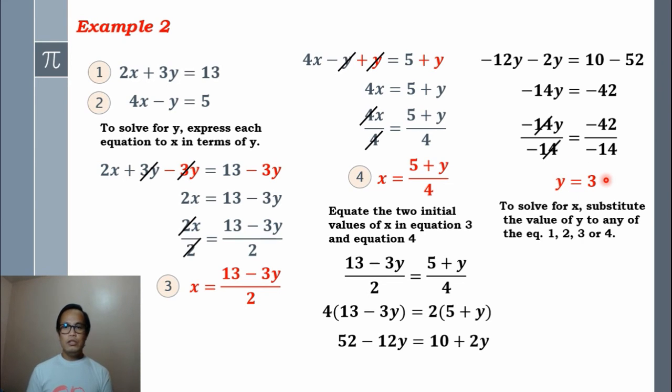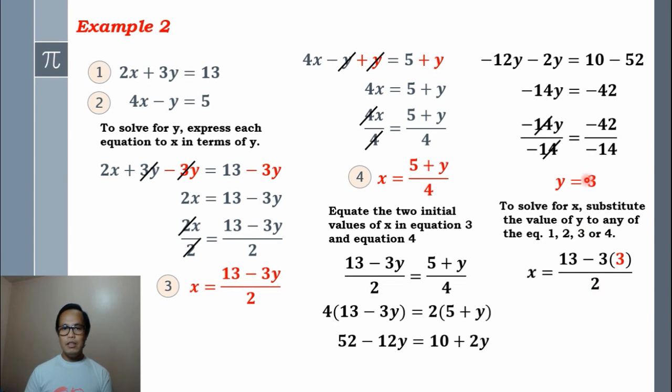Now to proceed, to solve for x, we substitute this value of y to any of the equations 1, 2, 3, or 4. So we can use equation 1, equation 2, equation 3, or equation 4. For this example, we will be using equation 3. This time we have here equation 3, which is x equals 13 minus 3y over 2.